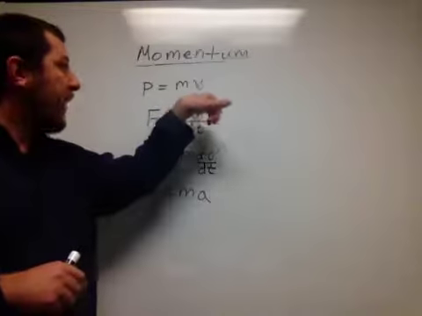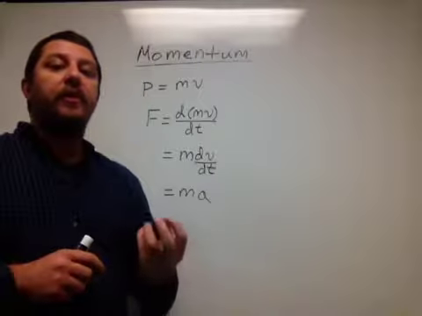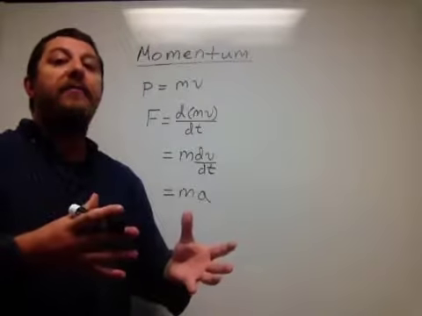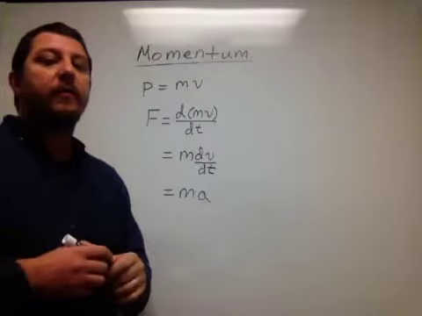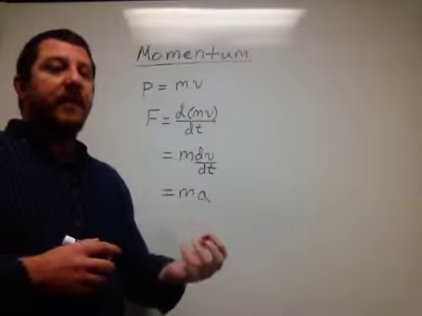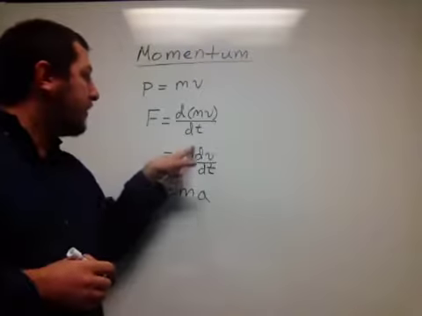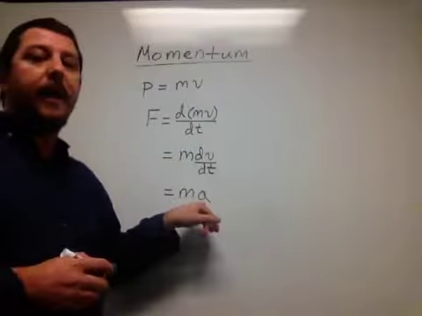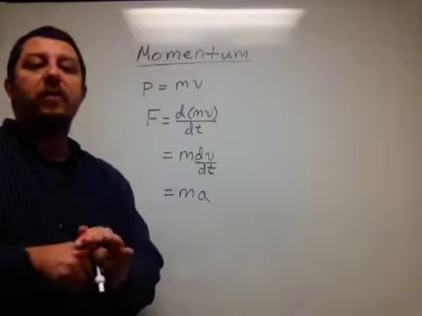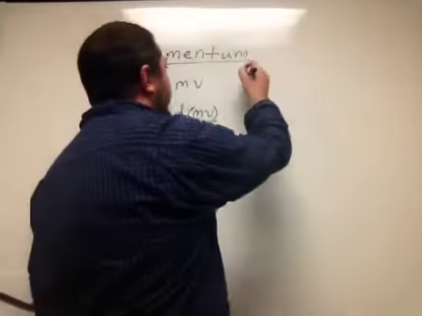Well, if I look at just the product of mv and I consider the overall change in mv itself, so the change in mv over some time interval, if my object's mass is constant, then my mass can come out of the derivative, and I'm just taking the derivative of velocity with respect to time, and that is a.